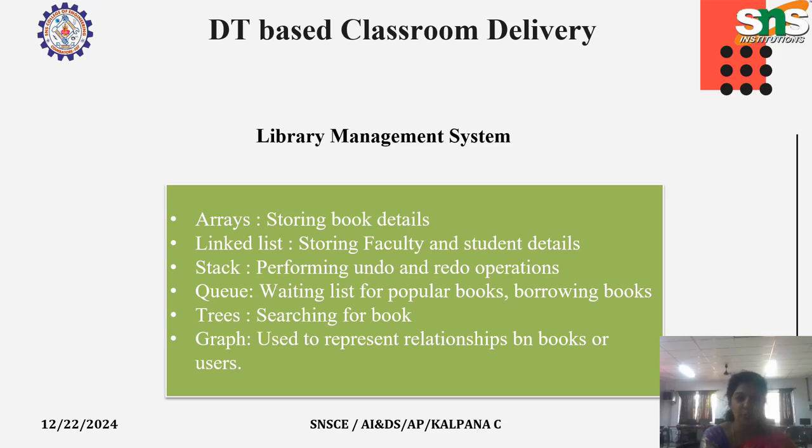So for storing book details, we are going to hold only 100 books, and handle only 100 or 200 faculty members or students. In that case, if we know the count in advance, we can use this array data structure because it is a static data structure.